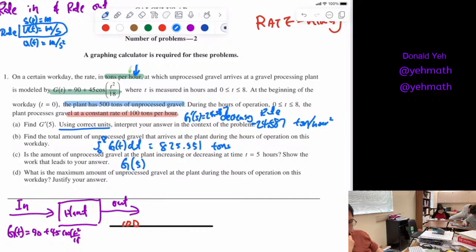The unprocessed goes into processed, right? It's increasing at 5. I don't think so. Let me double check though. I thought what you were having to do is compare G to 100. It's possible. You're not comparing velocity, it's the amount. Really good question.